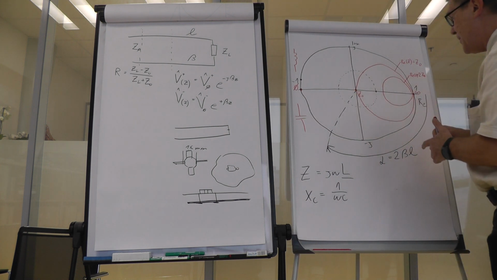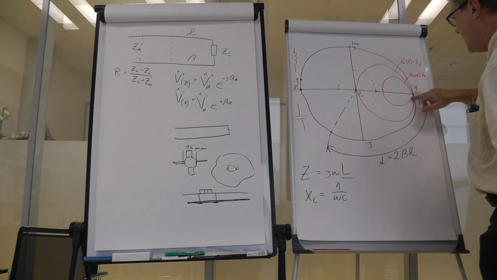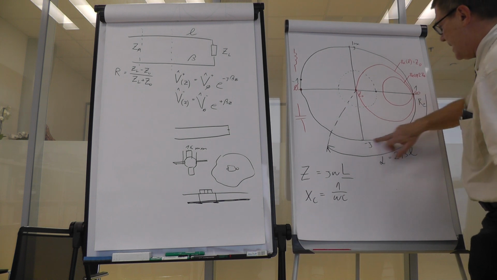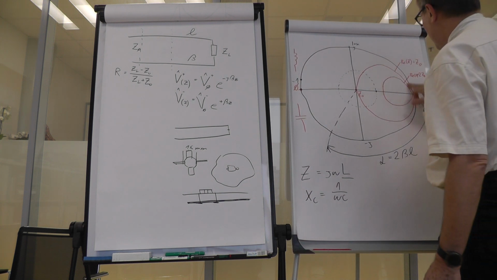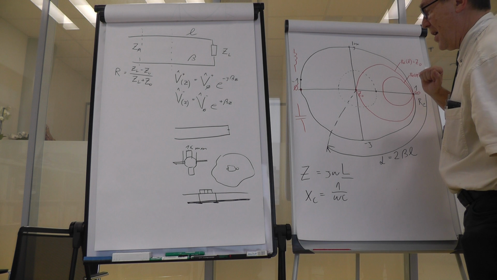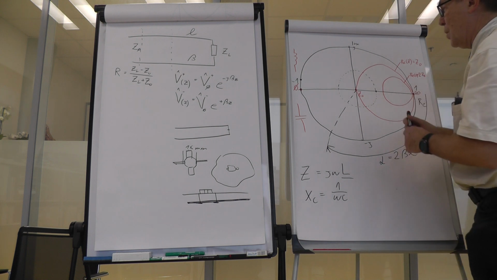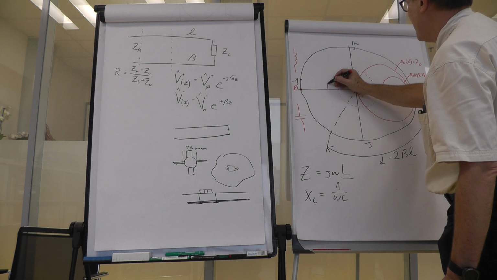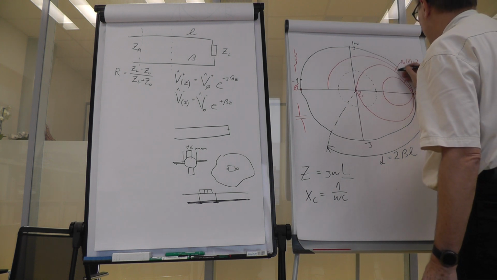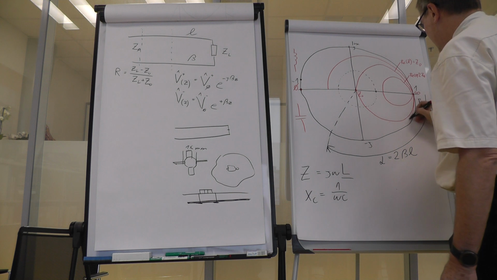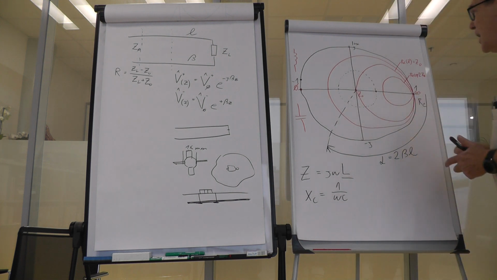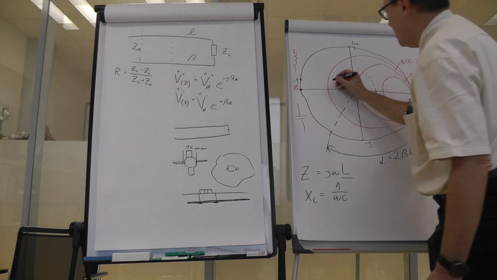We already have 3 on the chart: this 2z0, this z0, and this, which is 0. So let's add one more, which is 1/2 of z0, to have the system more or less looking like the one you can see on your Smith chart.